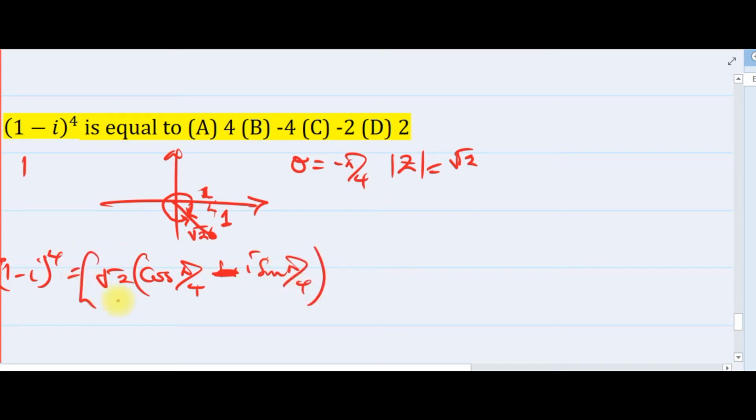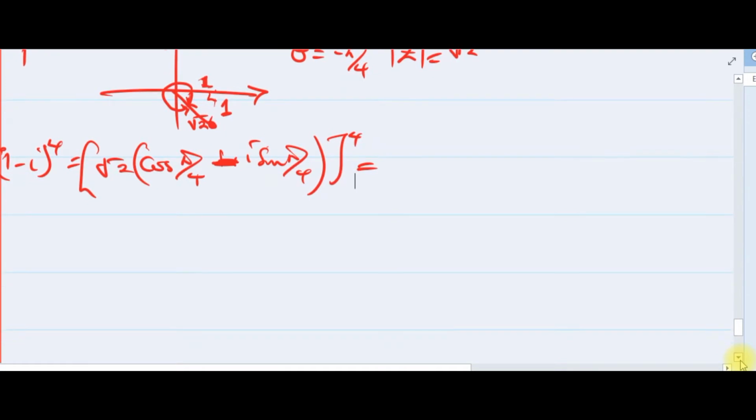So we now raise it to the power of what? 4. Using De Moivre's law, this is root 2 raised to power 4 times cos of 4 times pi over 4 minus i sine of 4 times pi over 4.